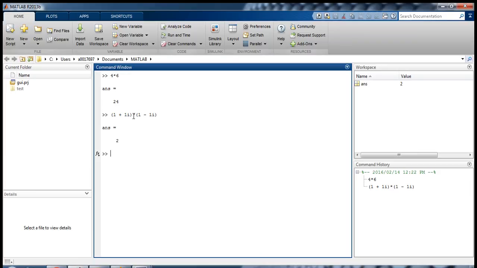So MATLAB is, the correct term is actually, overloading this multiplication function so that it can handle multiplication of different data types. Now that you know that this is represented differently in MATLAB to this, there must be some way that MATLAB is recognizing how to do complex arithmetic as opposed to just scalar arithmetic.